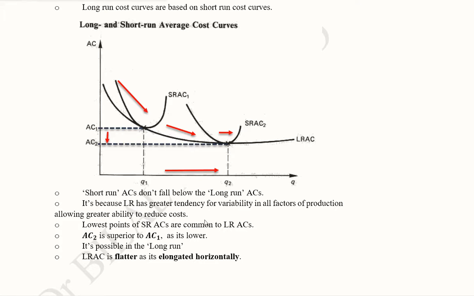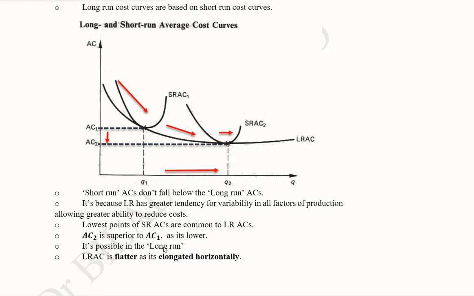AC2 is desirable because it is lower than the two points that we have, and it is possible in the long run because of the greater ability for the variability of the factors of production, because all of the factors of production are variable, and we have a greater set of possibilities to vary them and to decrease the average cost to its minimum possible level. And AC2 definitely is superior to AC1, because AC2 is lower and we want to minimize the cost.